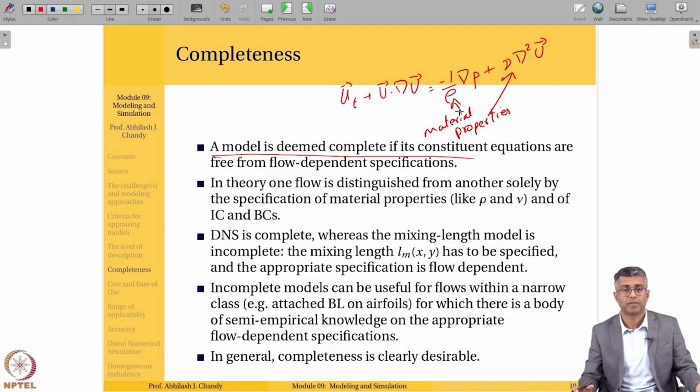Technically, you cannot, because you have based that on information from aerodynamics. That is the difference here. That is a problem with having an incomplete model. So that's what we mean by, in general, completeness is clearly desirable.